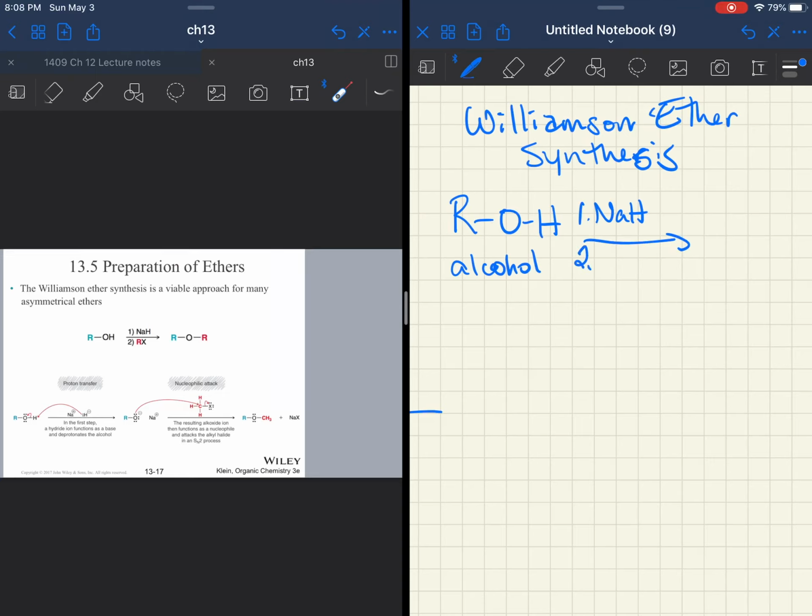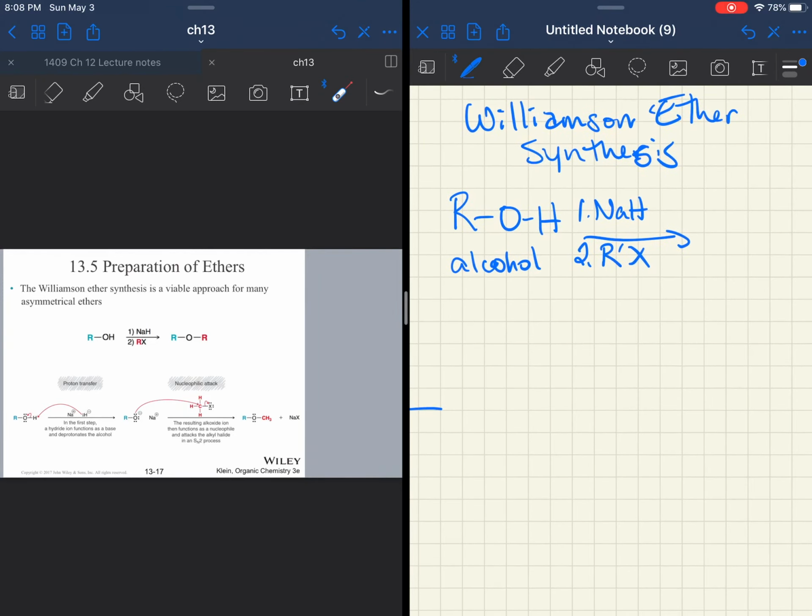And then in the second step, it's just an SN2 reaction. So once you deprotonate, it would be like putting an alkoxide with an alkyl halide, which is just a standard chapter 7 SN2 type reaction. So you wind up getting your ether.